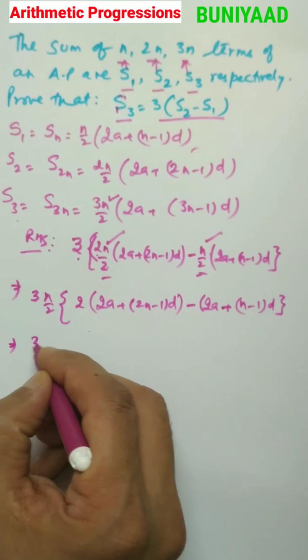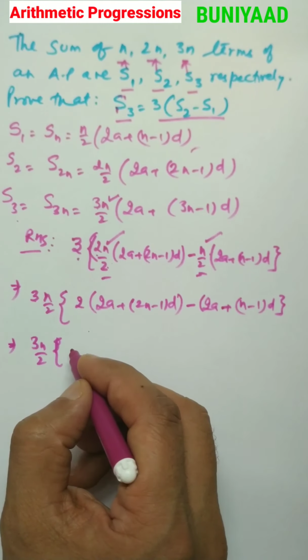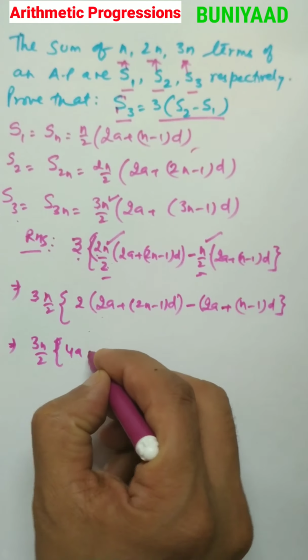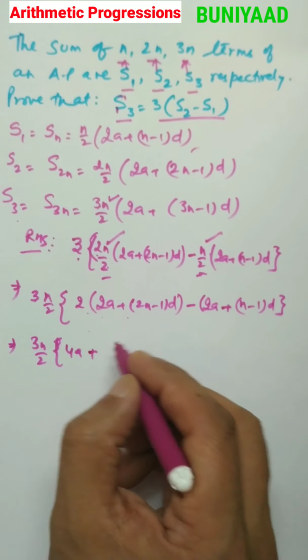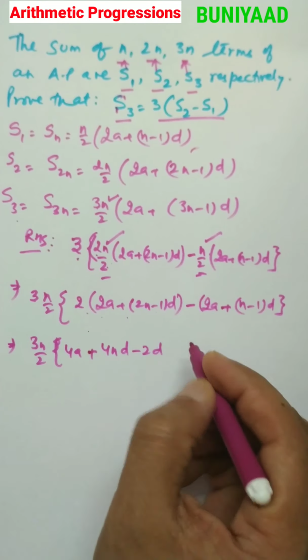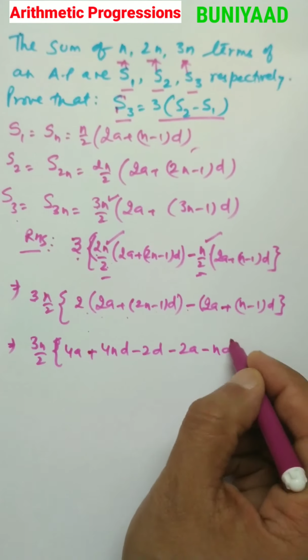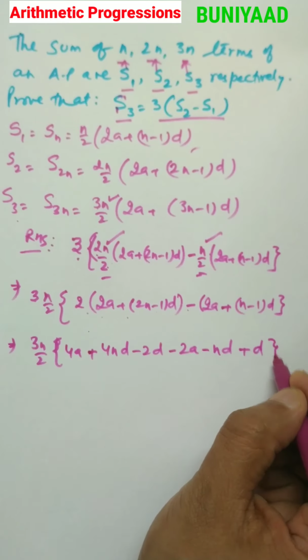Now 3n by 2. Now you can open the brackets. 4a plus 4nd minus 2d minus 2a minus nd plus d, right?